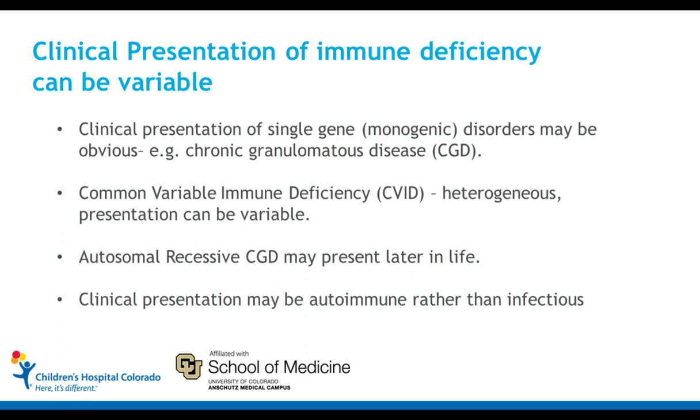So the clinical presentation of immune deficiency can be variable. We just discussed the fact that patients often present with multiple infections, difficult to treat infections. However, the clinical presentation can be variable.